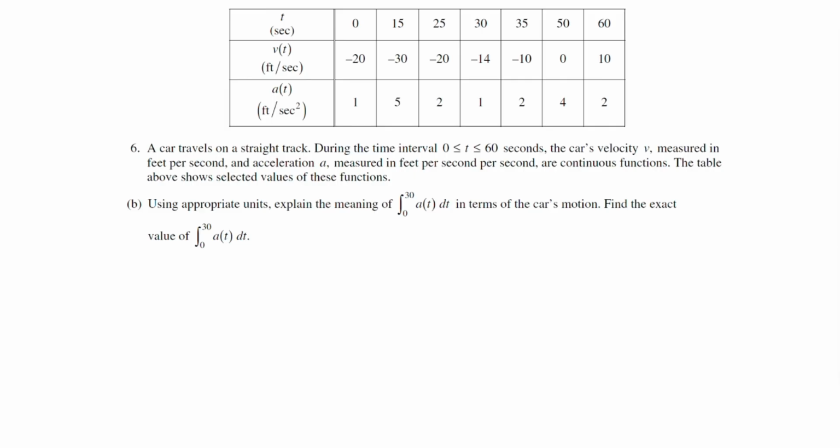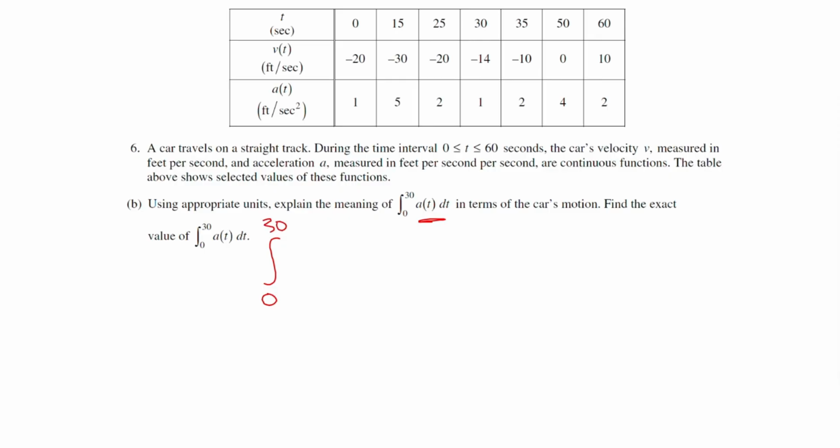From 0 to 30, the acceleration is how we measure the rate of change of the velocity. When we integrate a rate of something, we get the amount of that thing. So what this is, it's the total change in the velocity, right?